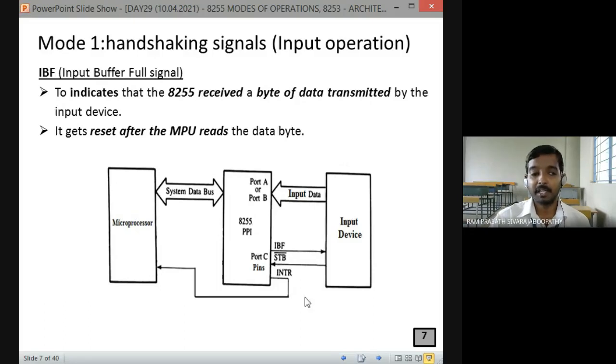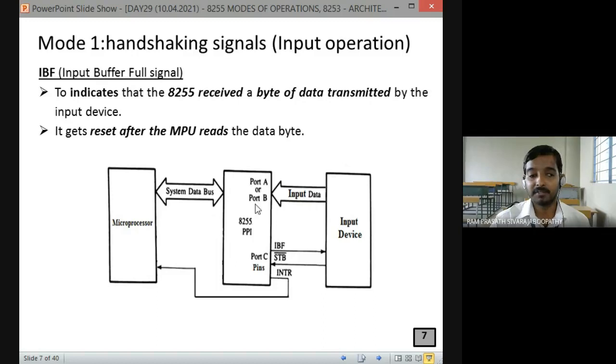Correct? So what is the meaning? Once the INTR interrupt is generated, your microprocessor is going to get an interrupt at this particular pin. Say for example, RST 7.5, 6.5, 5.5, let us assume it is connected to one of these pins. So what does the microprocessor have to do? It has to execute the ISR routine. At that point of time, the microprocessor has to read the data available in 8255.